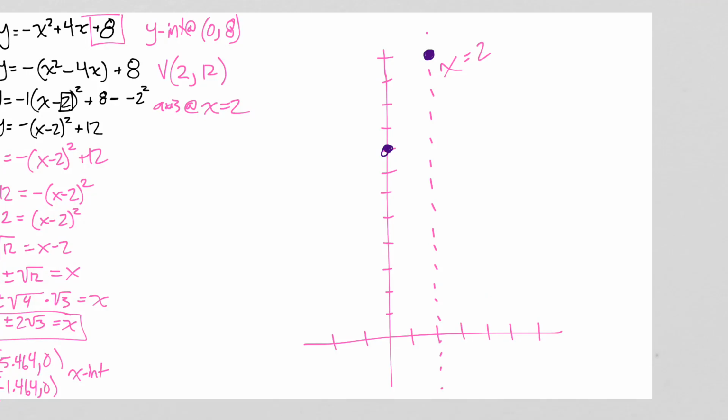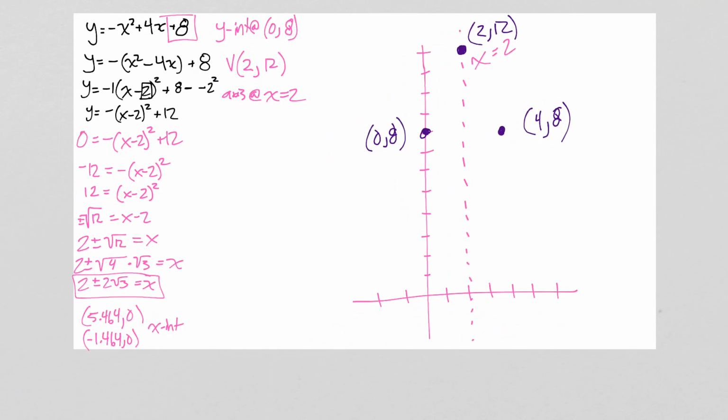Let's use that symmetry. We went 2 to the left from the axis to get that, so 2 to the right, we will have that symmetrical point right there. So those coordinates are, what is that? That's 1, 2, so that's (4, 8). And here we had (0, 8). And up here we had (2, 12).